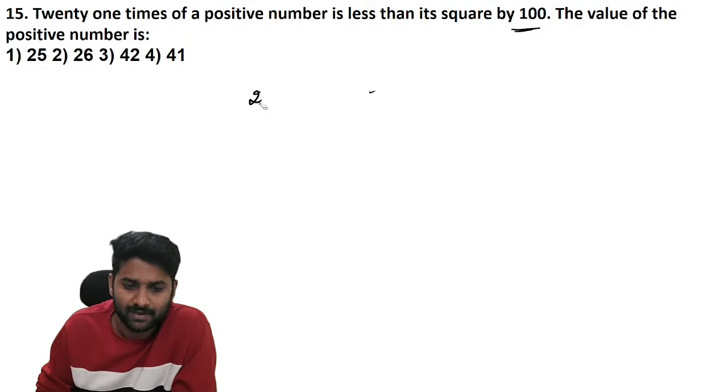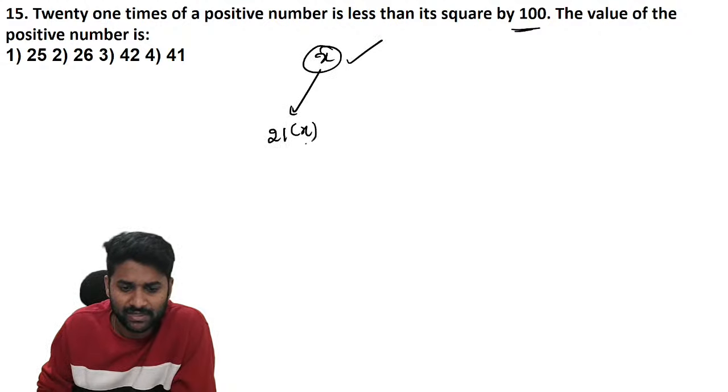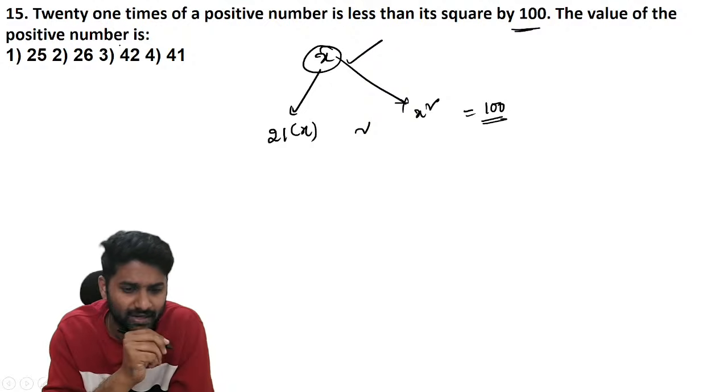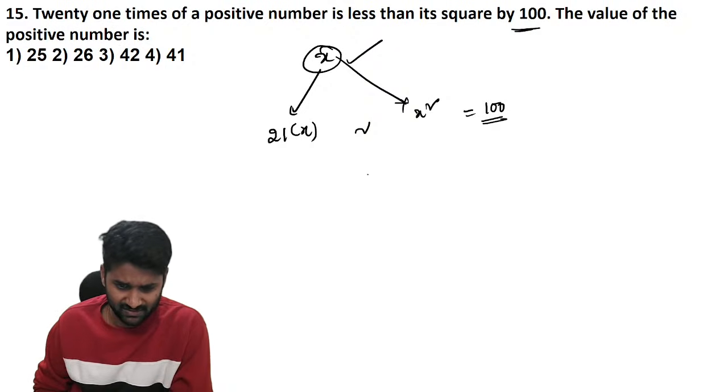Let us take that one positive number is x. 21 times that number is 21x, and the square of that number is x square. And the difference between them is 100. Then what is the value of that positive number? So definitely, what is the value of this x?